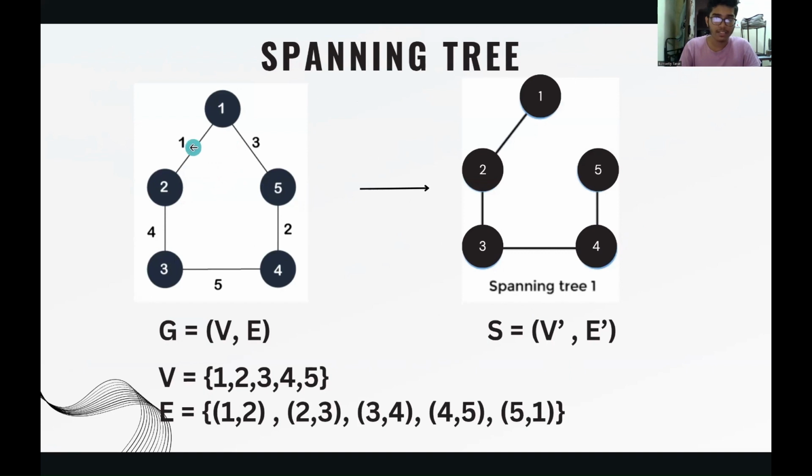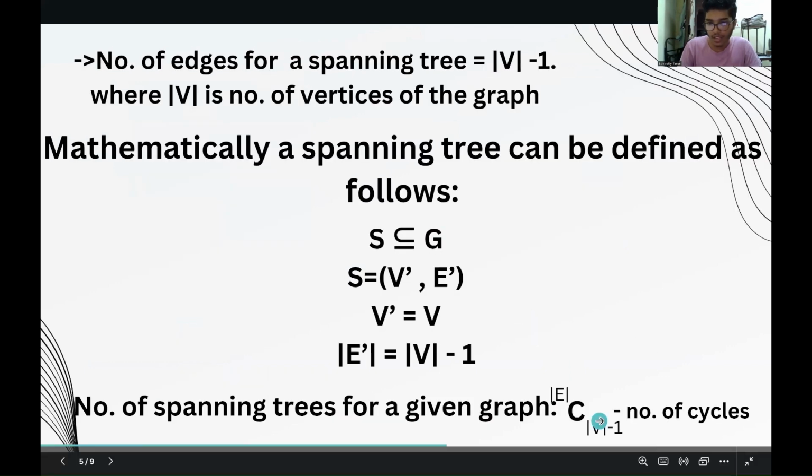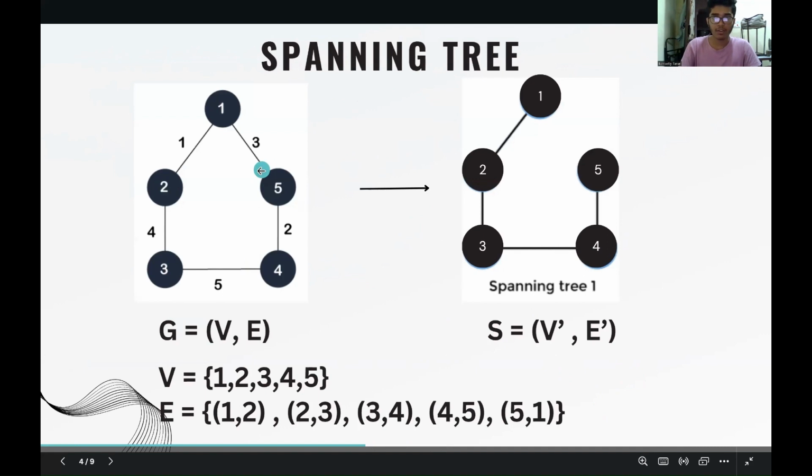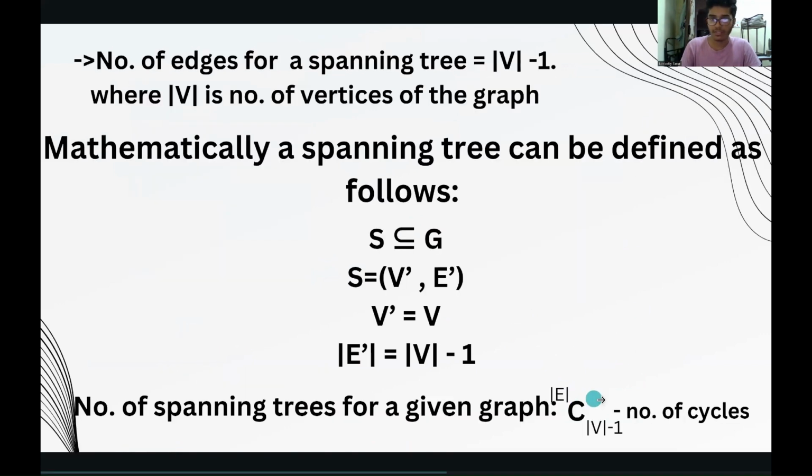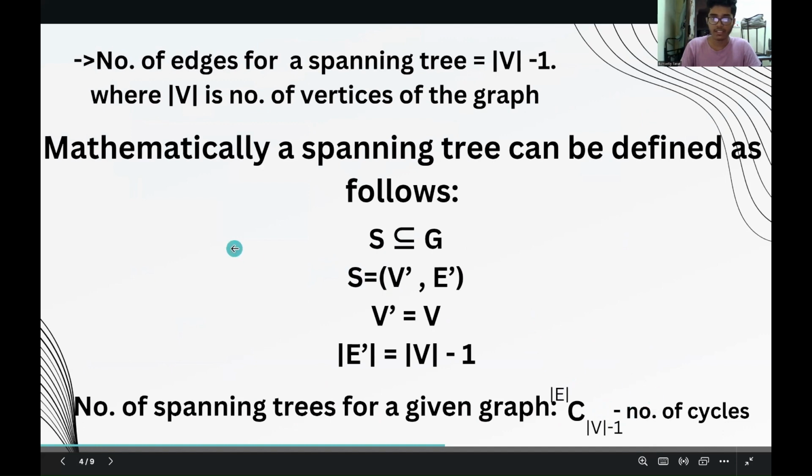Mod E, that means the number of edges, is 5. So 5 C mod V minus 1. Mod V is the number of vertices. We have 5 vertices. So 5C4 minus the number of cycles. We have 0 cycles. So minus 0.